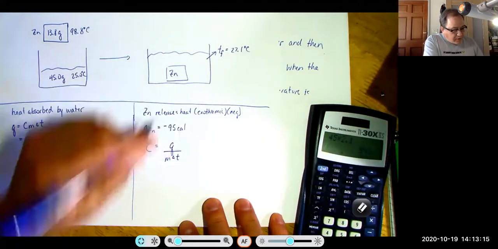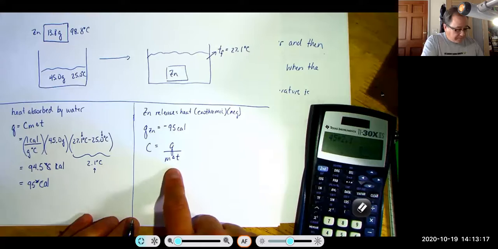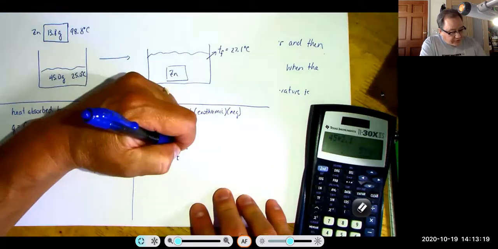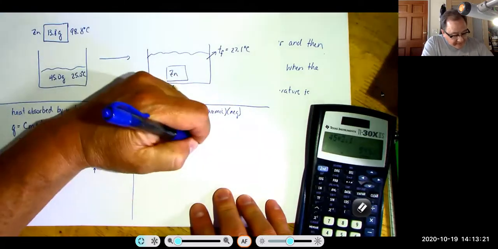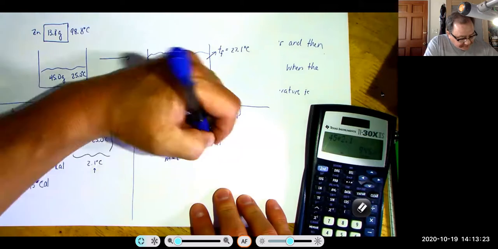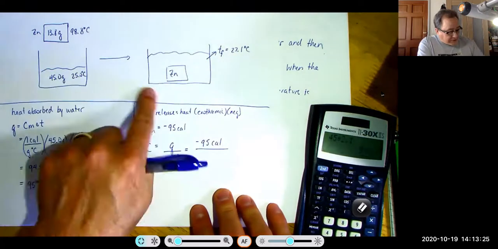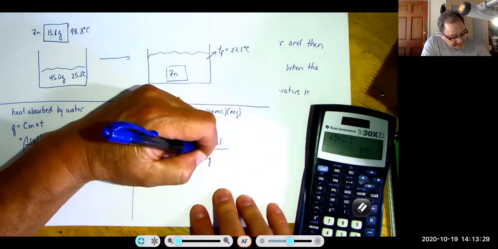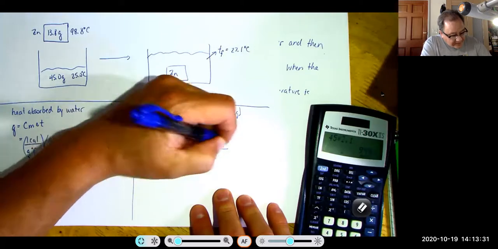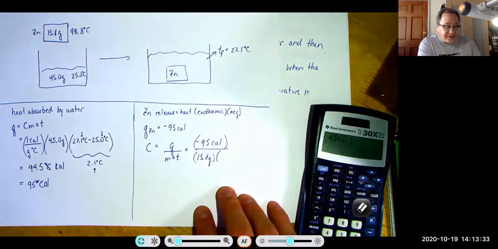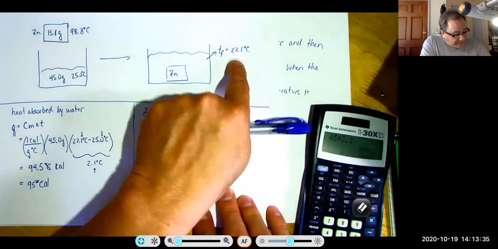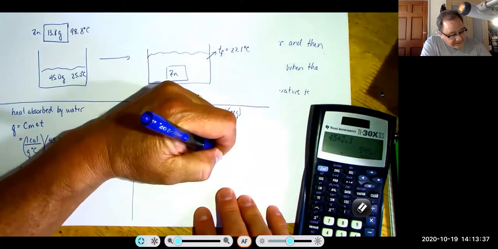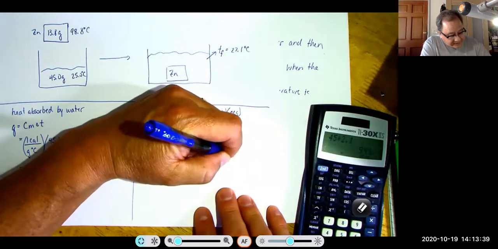And remember, we want to use the values for zinc here. So in this case, the Q of the zinc is minus 95 calories. The mass of the zinc is 13.8 grams. And the change in temp is the final minus the initial. This is the final temp of the zinc, 27.1 degrees Celsius.